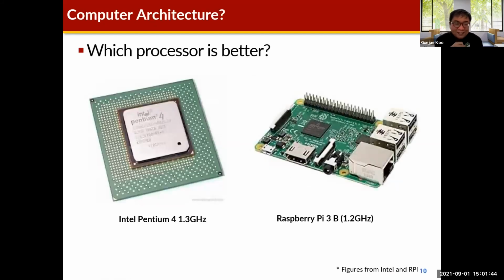I have some questions. This slide shows different CPUs. This is the Intel Pentium 4, which works with a 1.3 gigahertz clock signal. And this computer is the Raspberry Pi 3B, and its CPU works with a 1.2 gigahertz clock signal. Which processor is better?